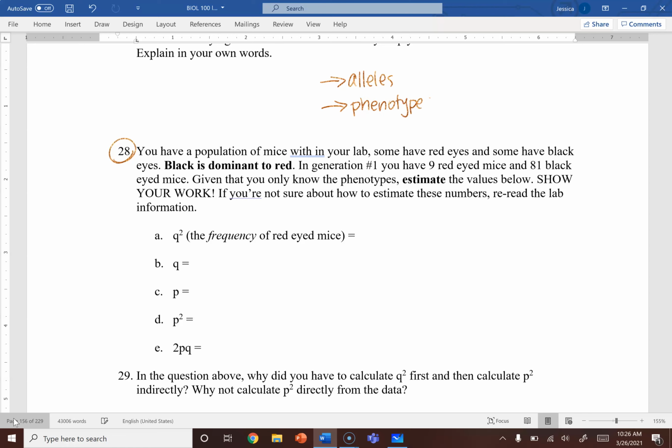Now, if you are given a phenotype, you're given a physical characteristic about the organism. So if you are given a phenotype, you can infer a genotype frequency.